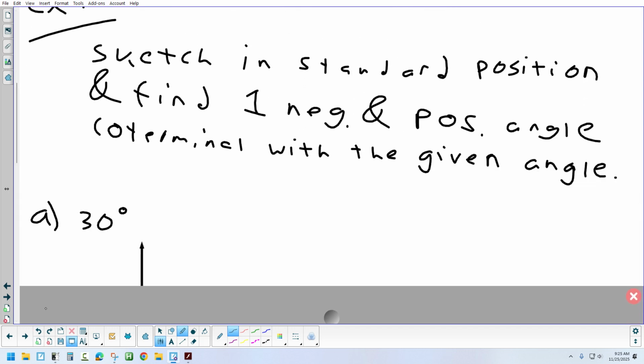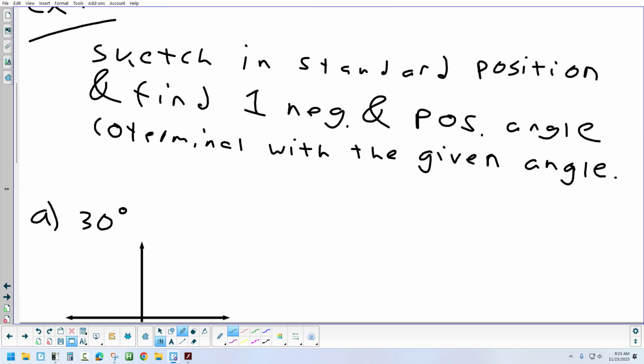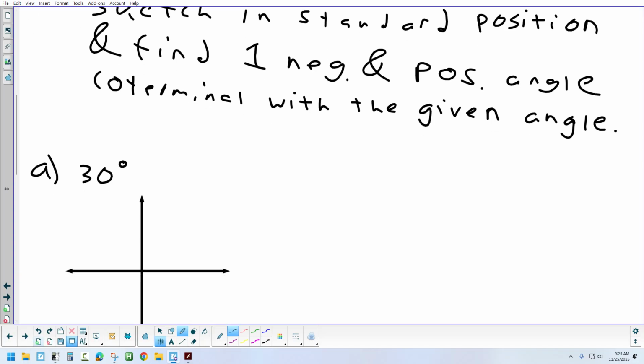All right, so let's practice sketching an angle, and then we're going to find an angle that is coterminal with it, one positive coterminal angle and one negative. Let's start with 30 degrees. In standard position, the initial side has to be right there.